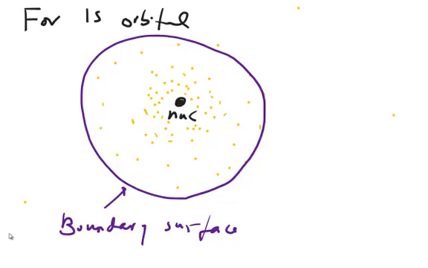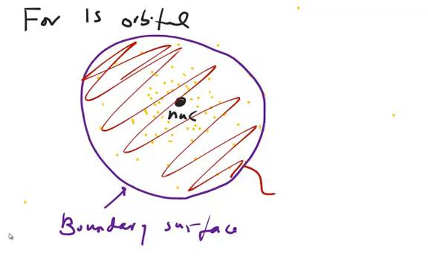This purple surface is called the boundary surface, and if you add everything within the surface together, it adds up to 90% of the total probability of finding the electron. Okay, but as you can see, for a 1s orbital you have more dots near the nucleus, which means there is a higher probability of finding the electron near the nucleus than as you go further away from the nucleus.